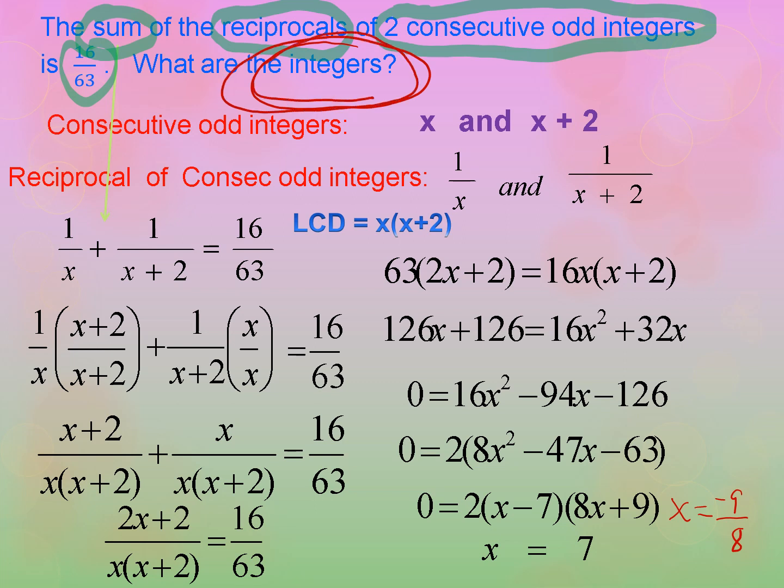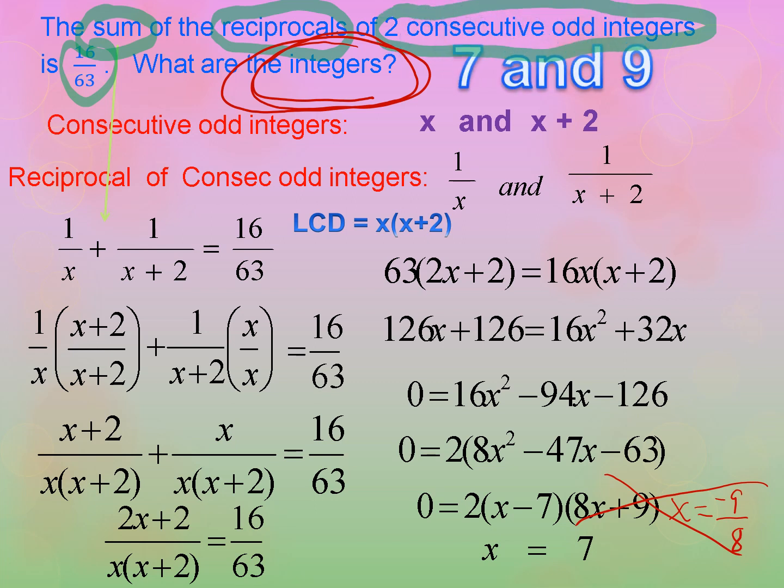The key word up there says integers. Negative 9/8 is not an integer. It is a fraction. So that is the reason we cannot use 8x plus 9, which gives us negative 9/8, because it is not an integer. So the only integer we can use up here is 7.